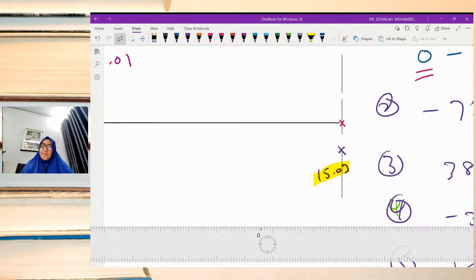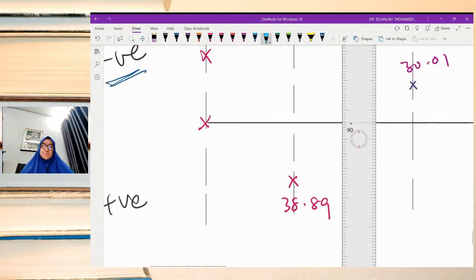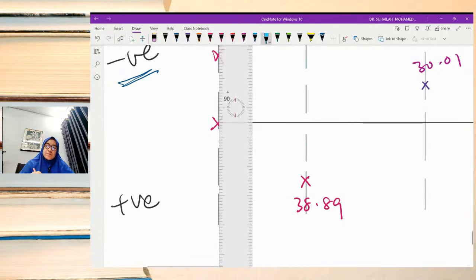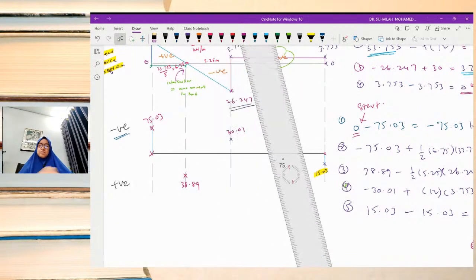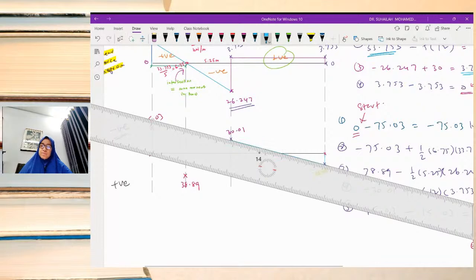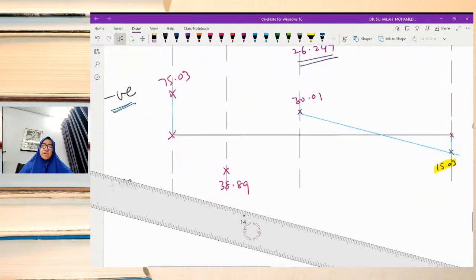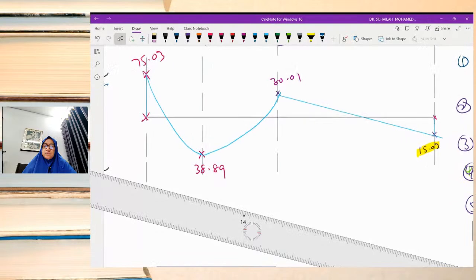So for the diagram, and because of UDL, we have it like this.